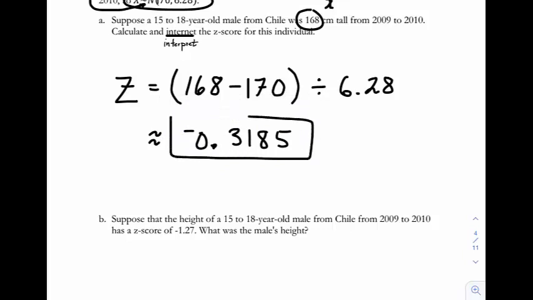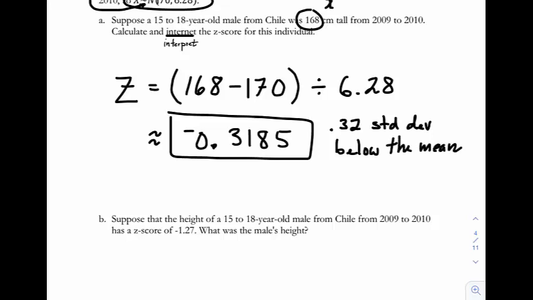In the last video I explained that the negative means it's below the mean. So we are approximately 0.32 standard deviations below the mean. That's about a third below the mean, counting standard deviations of 6.28.